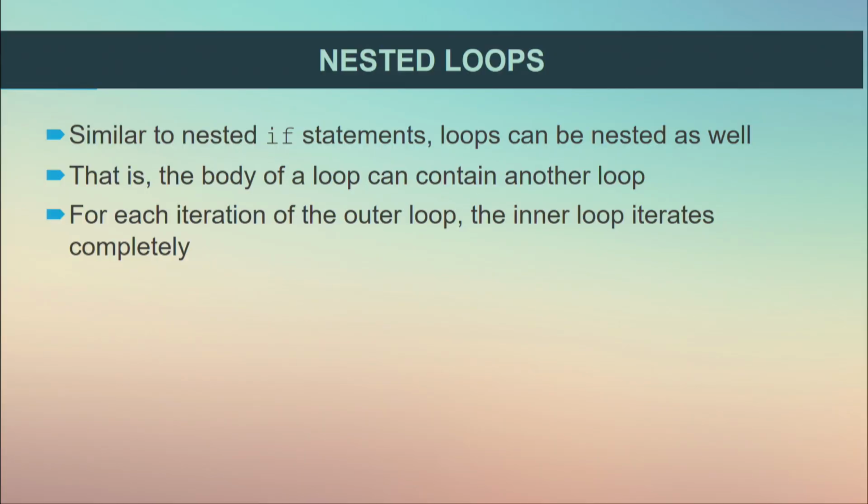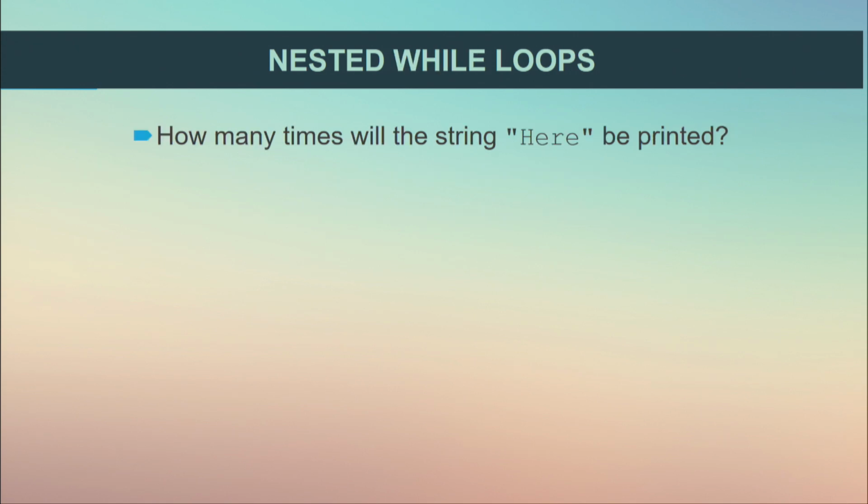The inner loop has to completely iterate and exit when the condition becomes false. Only then will the outer loop start its next iteration. So, this is how the nesting of loops works. We will take one example with respect to nested while loops.